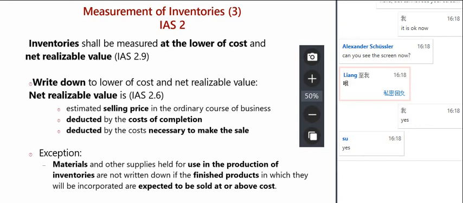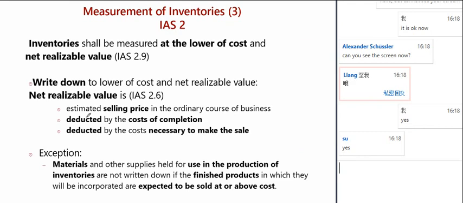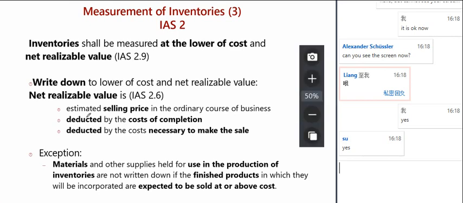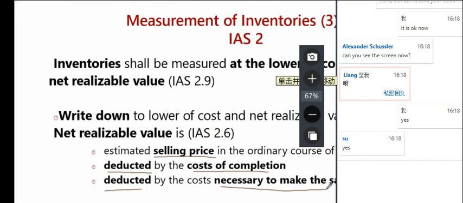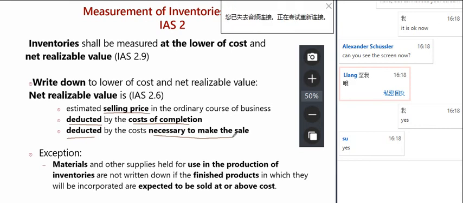The question is, what is the net realizable value? Definition of the net realizable value. It is... incur before you can sell something, then you have to deduct those costs.